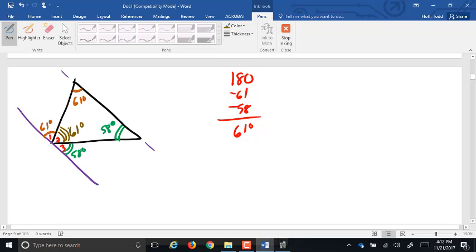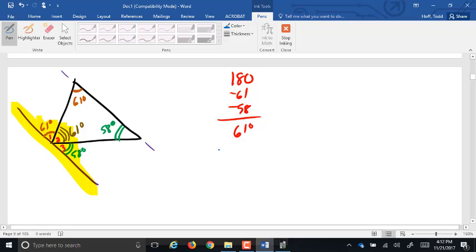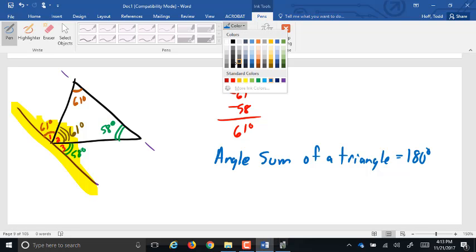What we see is all 3 angles of that triangle placed there add up to a straight line. And that is true for any triangle. The angle sum of a triangle must equal 180 degrees.